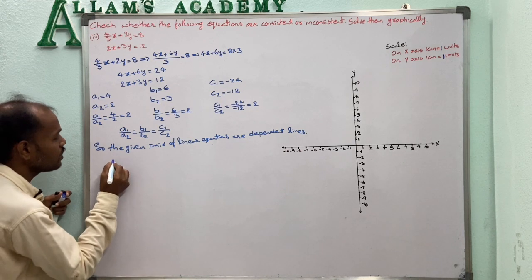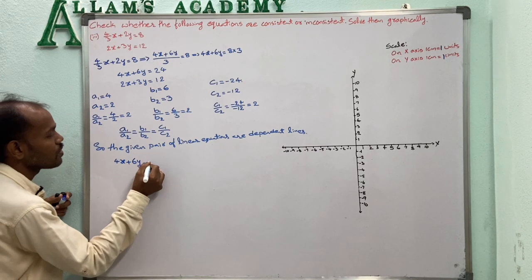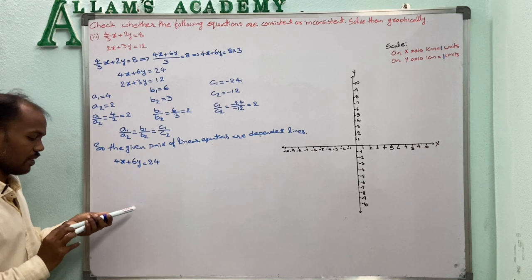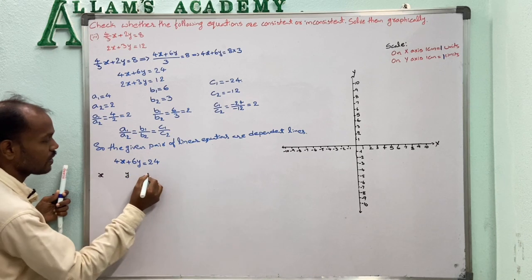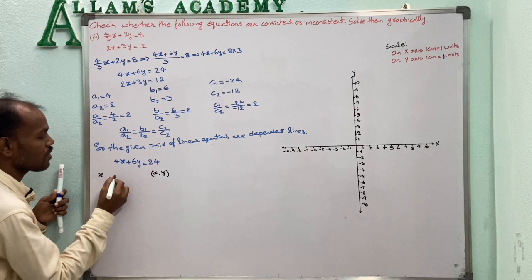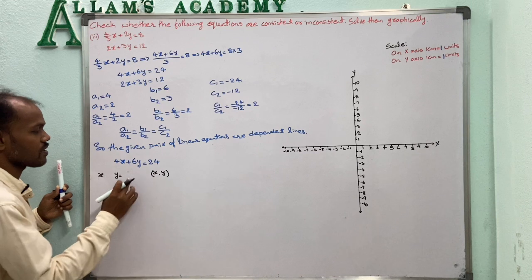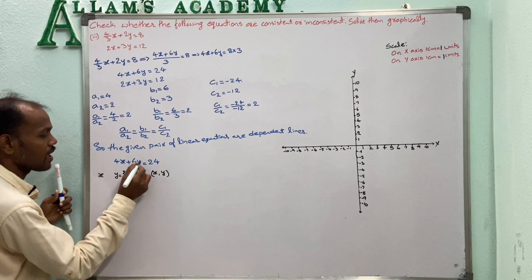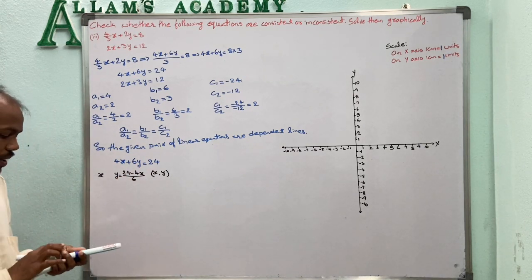The first equation is 4x + 6y = 24. Now we substitute x coordinates to get the points (x, y). For y, we transfer 4x to the other side, so y = (24 minus 4x), and the multiplication by 6 transfers as division, divided by 6.